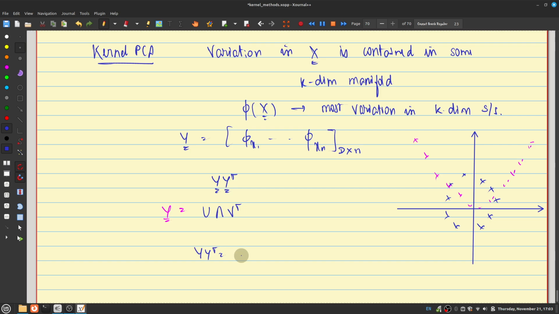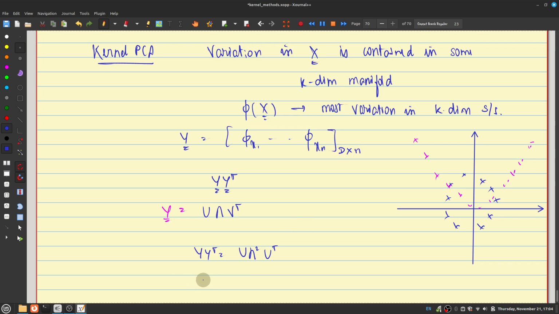This is just equal to U lambda square U transpose. Effectively, what I want to know is the top k eigenvectors of this matrix. So I want to find U1 through Uk corresponding to the k largest eigenvalues, or the k largest absolute singular values in lambda.